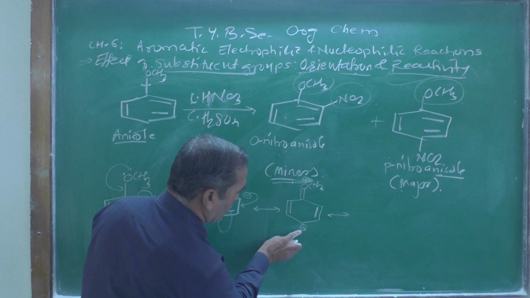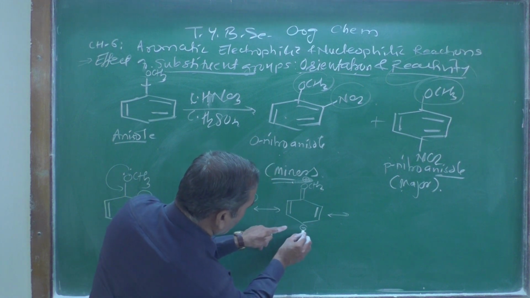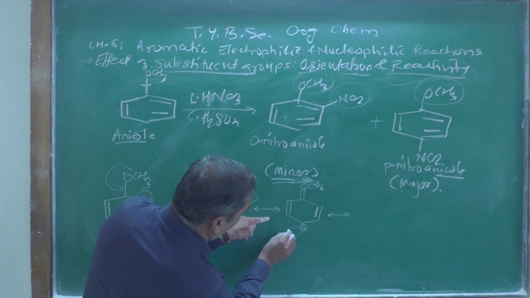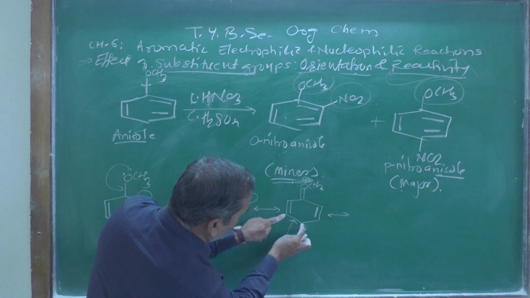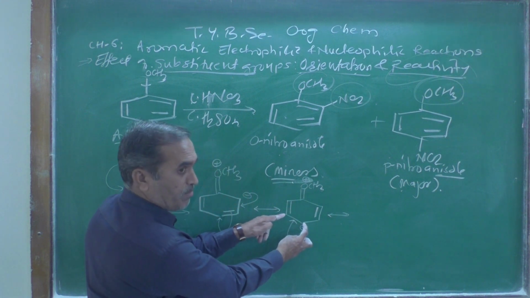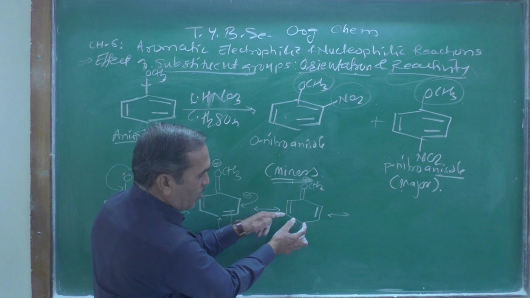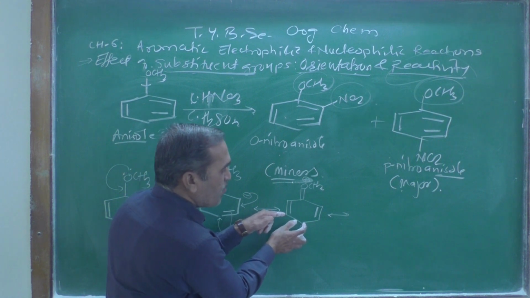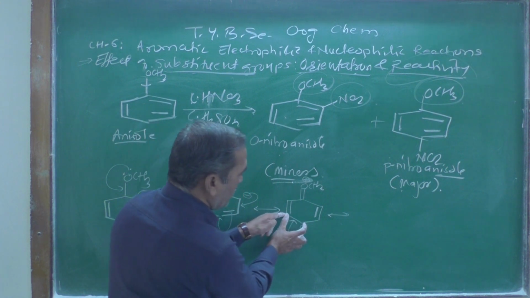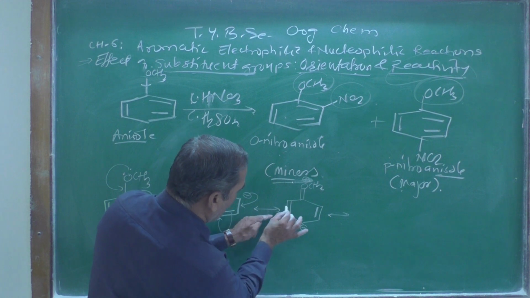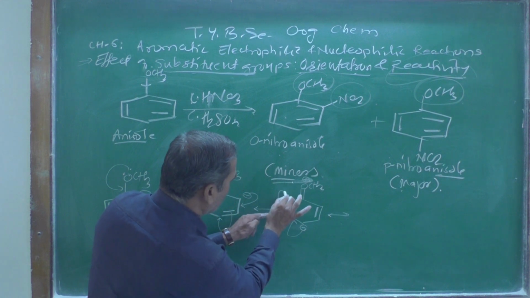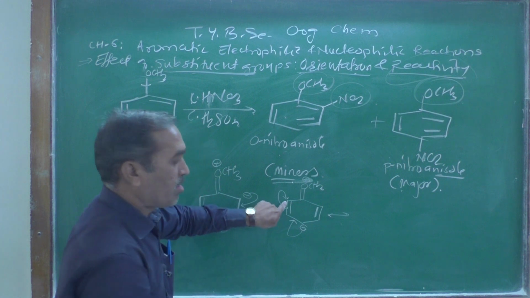Now what is happening? Look again carefully. This negative charge moves, forming a bond between this carbon atom and this carbon atom. I am showing that the arrow rests exactly in the middle of this bond, and at the same time this double bond concentrates the electron density at this corner point.